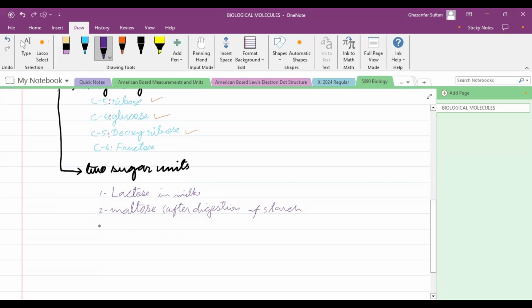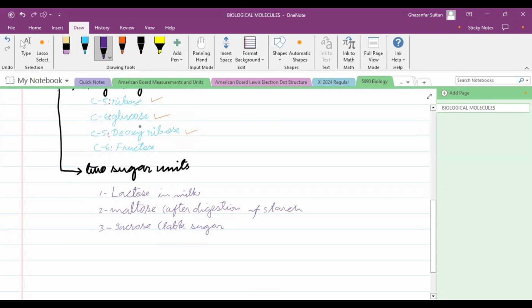And the third one that is very important is sucrose. Sucrose can be obtained from beetroot or sugar cane. The table sugar is sucrose.